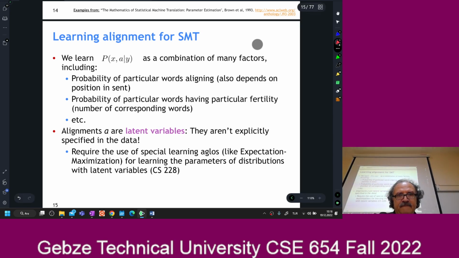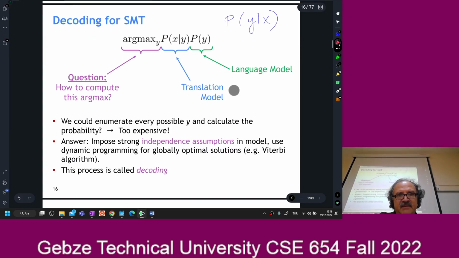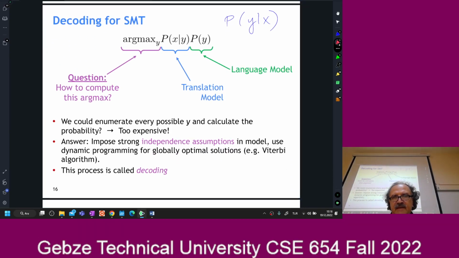We talked about the alignment, and the other thing is, how am I going to compute this argmax? It is too expensive. Maybe I can do this.